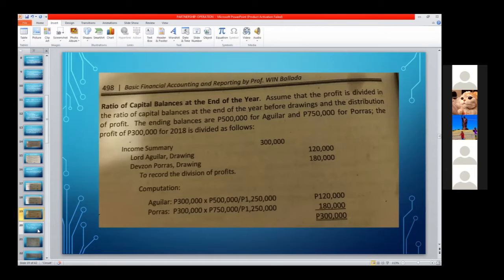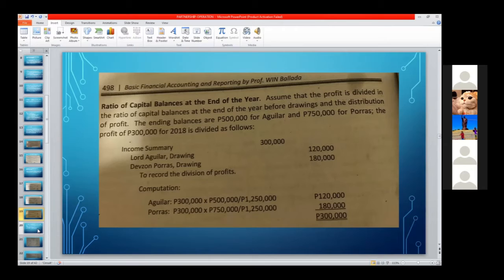Bakit? Kasi dito, ang ginamit is yung ending balance ni Aguilar at Porras. So, ganun lang din yung 300,000 na profit, i-multiply mo dun sa ending balance nila. Ending balance ni Aguilar, which is yung 500,000. Then divide sa 1,250,000, which is yung total ni Aguilar and Porras.